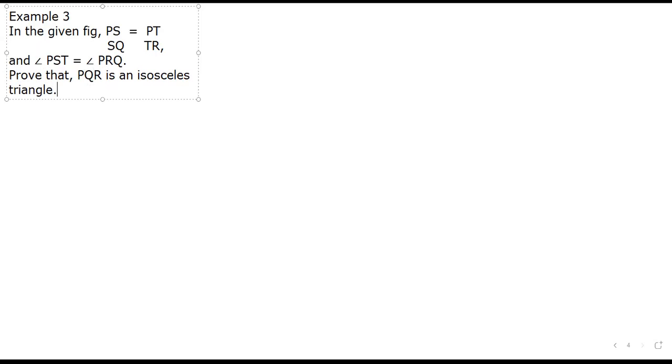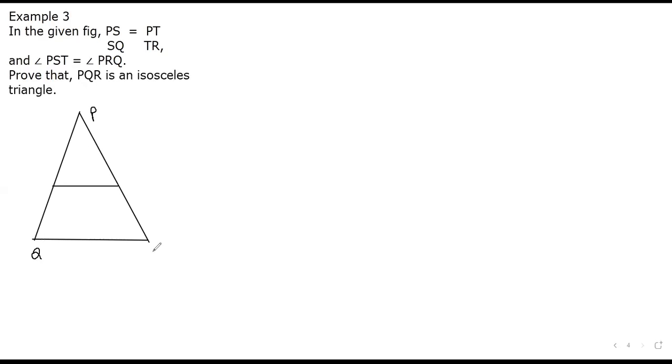This is the question that they have given us. They have also given us the figure, the triangle P, Q, and R, and there is this line S, T. What they have given to us, children, is PS upon SQ is equal to PT upon TR.